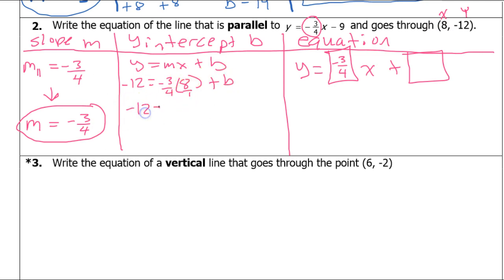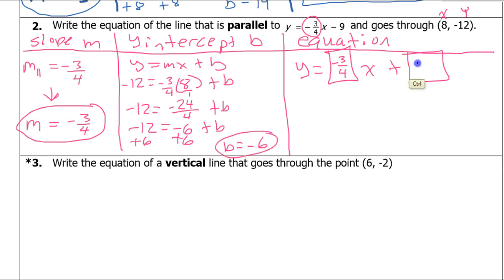This gives me negative 12 is equal to negative 24 over 4 plus b. So negative 12 is equal to negative 6 plus b. Add 6 to both sides, and you get that b is equal to negative 6. So that goes right here. So the final answer will be y is equal to negative 3/4 x minus 6.